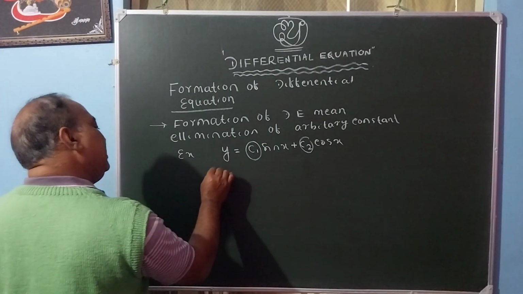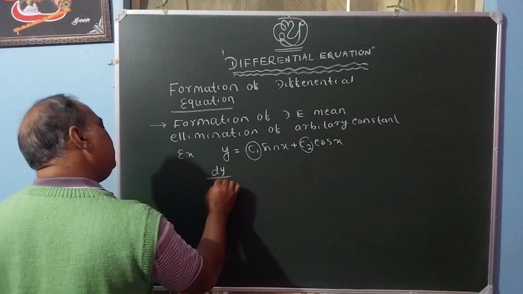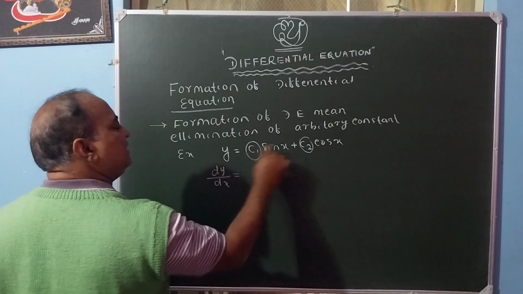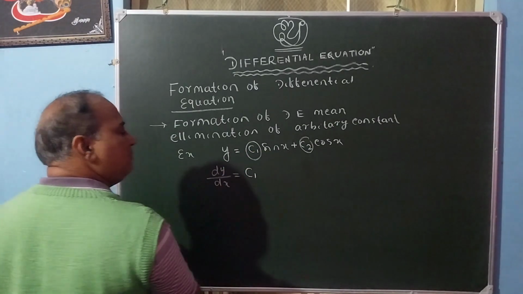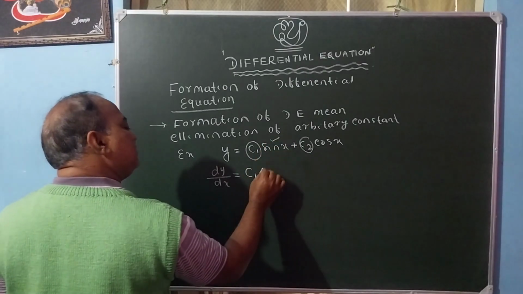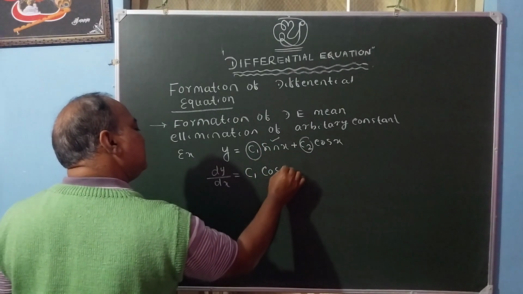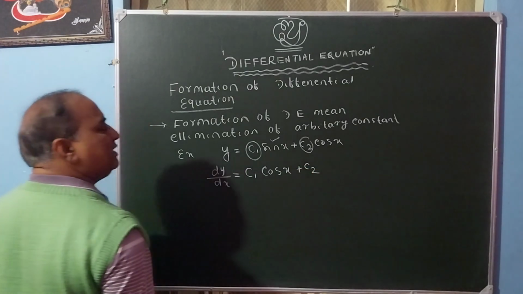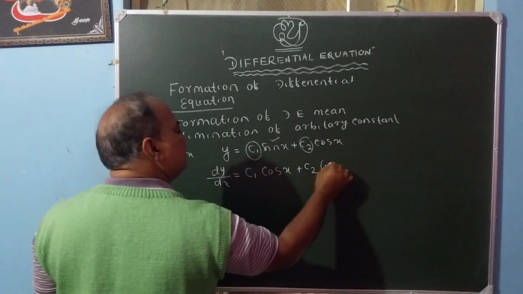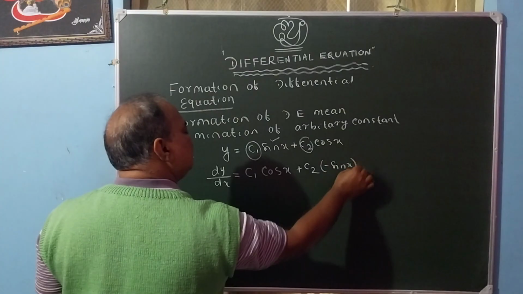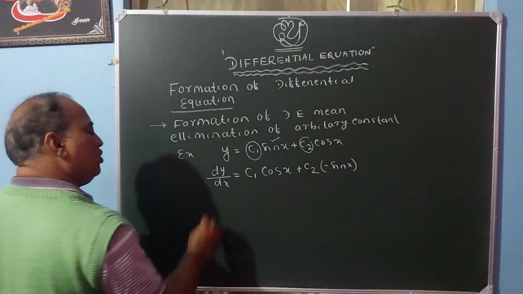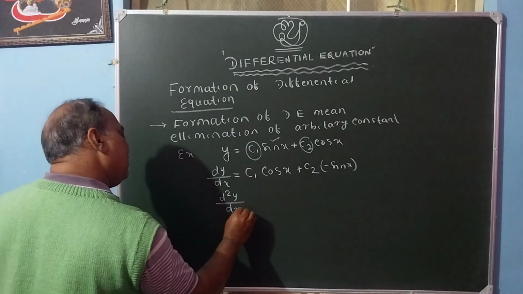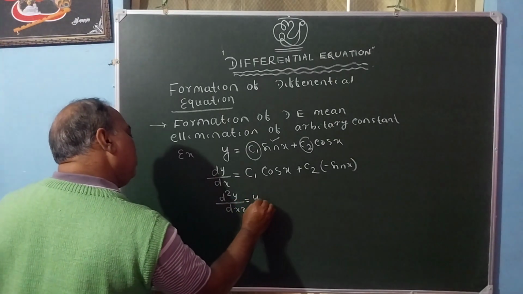So write down dy/dx: c1 is a constant that is coming outside, derivative of sin x is cos x; c2 is a constant that is coming outside, derivative of cos x is minus sin x. Now d square y/dx square, this is known as y2.